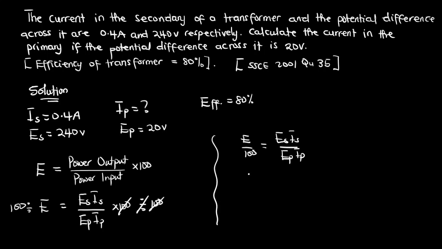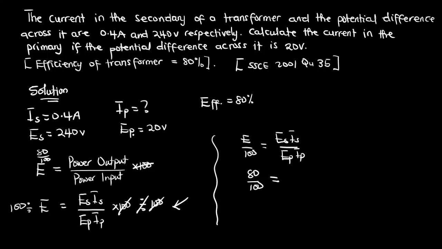My efficiency is 80, so it's 80 over 100. Are we okay? If you are confused over here, basically once you go to this formula, in place of the efficiency, if you use 80, then you maintain the 100 over here. But if you want to use 80%, as in 80 divided by 100, then the 100 has to go away from here. Are we okay? That's basically why I am doing all these things. So 80 over 100, which is the 80% I'm using over here, so the 100 will no longer be here.